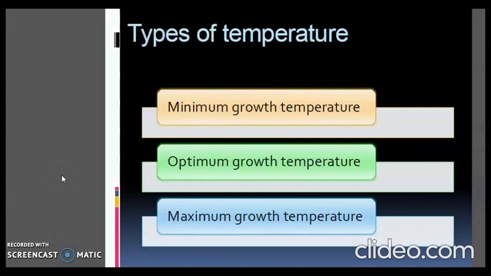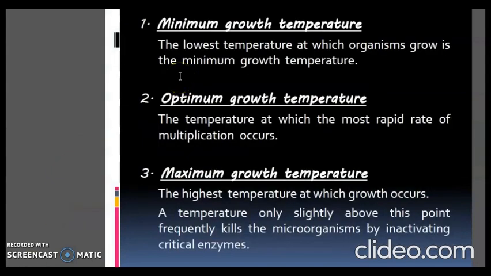The temperature range at which an organism grows most well is referred to as the optimum temperature. Microbial growth decreases above and below the optimum temperature, and these limits are referred to as minimum growth temperature and maximum growth temperature. The lowest temperature at which organisms grow is the minimum growth temperature.